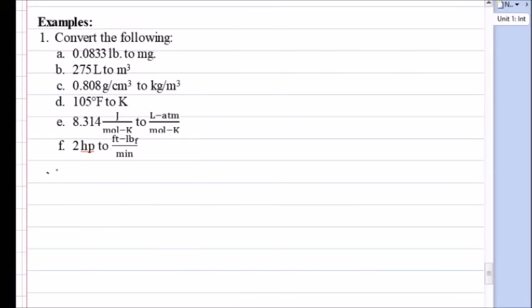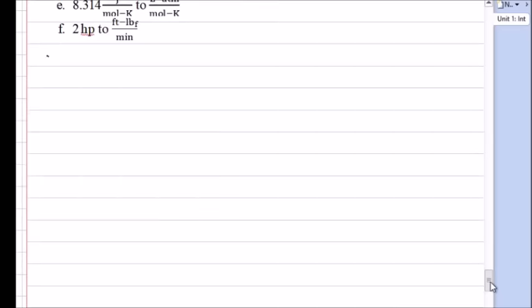Okay, so for letter A, we have 0.0823 pounds to milligrams. So, i-convert natin yan gamit yung mga conversion factors. So, let's start with letter A. 0.0833 pounds papuntang grams.